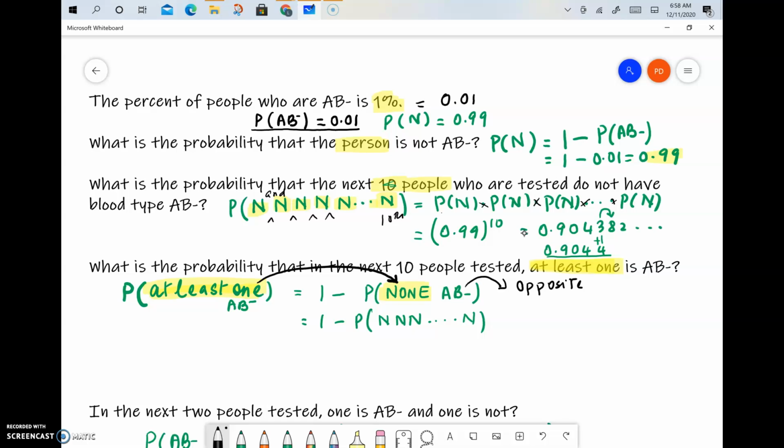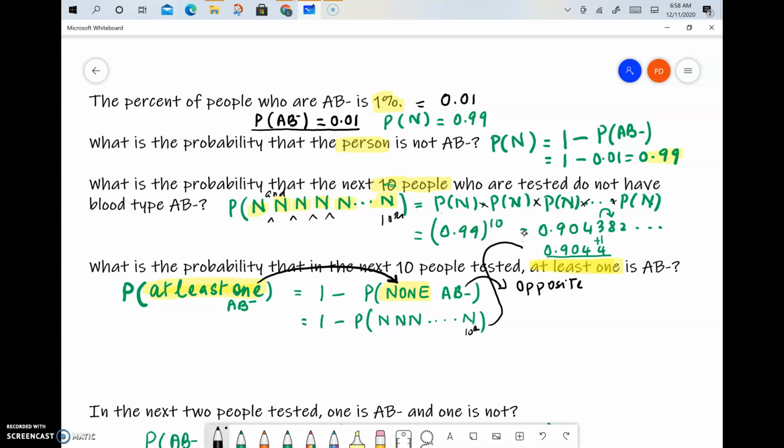So it's 1 minus the probability of the opposite. So it's 1 minus the probability of none being AB negative, which is equal to 1 minus the probability of not, dot dot dot, not AB negative, not AB negative, not AB negative, dot dot dot. That's the 10th person. And this might look familiar to you.